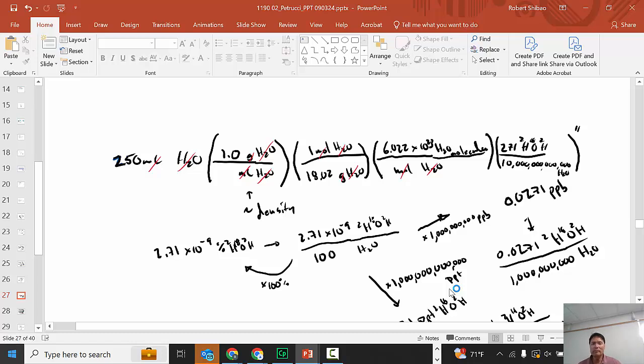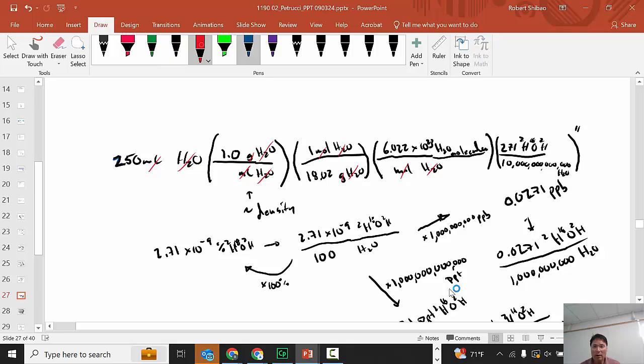So what we're going to do is I'm going to stop the calculation here and then figure out how many water molecules we have in 250 milliliters of water. So it's going to be 250 milliliters of water divided by 18.02 times 6.022 times 10 to the 23rd.